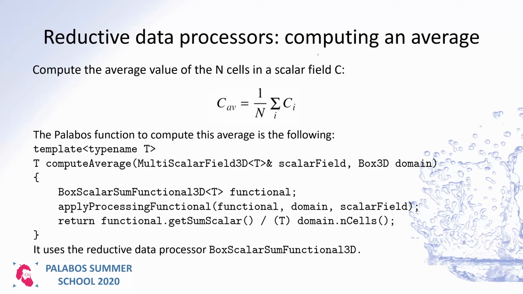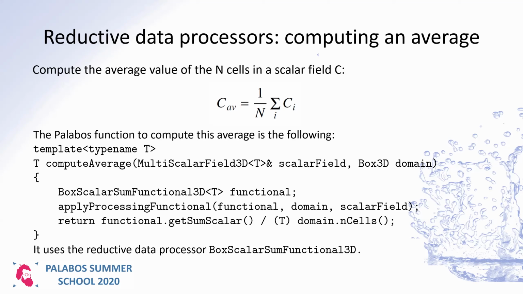For this, you do need special data processors, because it is impossible for you to do this manually. Because to compute a global sum over the full domain, which is split over many cores of a parallel machine, you need MPI communication, you need an MPI reduction. But this MPI reduction, you cannot do it yourself, because you don't know how the domain has been split by Palabos.